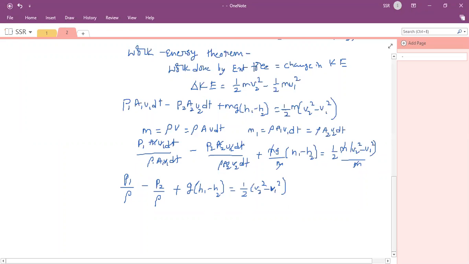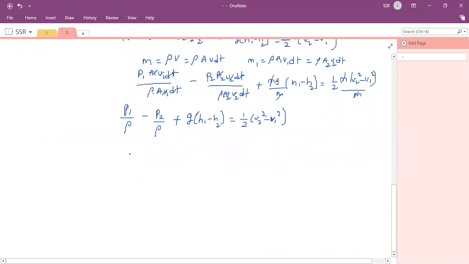Okay. Then you can separate step by step. First P1 by rho plus gh1. This V1 square you can take to the left side, then minus half V1 square will become plus half V1 square, is equal to P2 by rho, you can take to the right side, P2 by rho minus gh2 will become plus gh2, plus half V2 square.